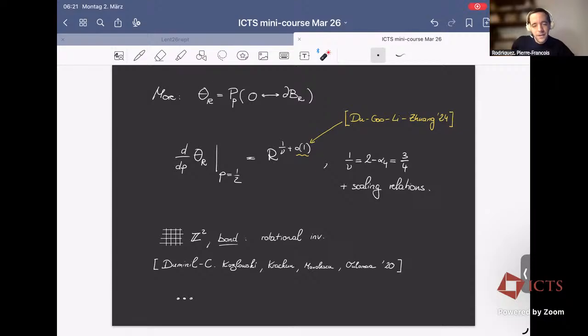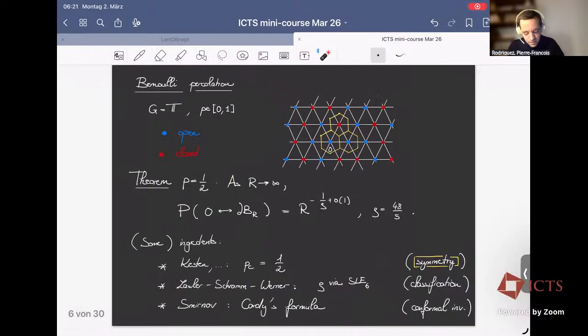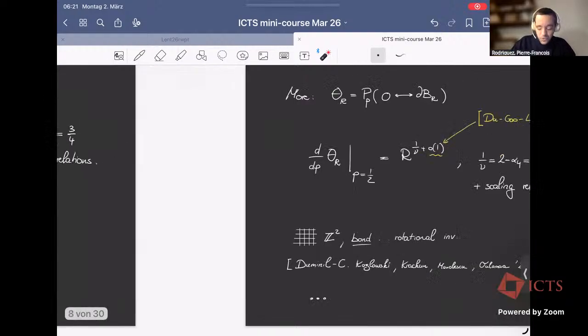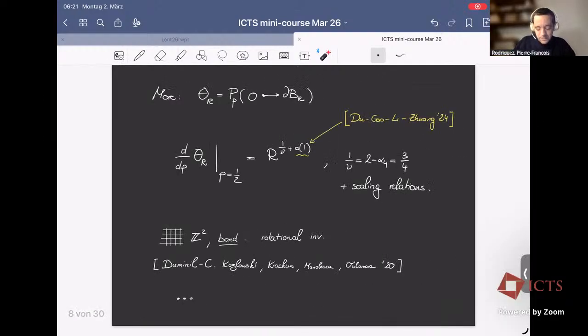And so another thing is that I chose this triangular lattice in the previous slide. Actually, you could also look at bond percolation on the square lattice, which has the merit of also having its critical point sitting at 1/2 because you have planar duality as well.